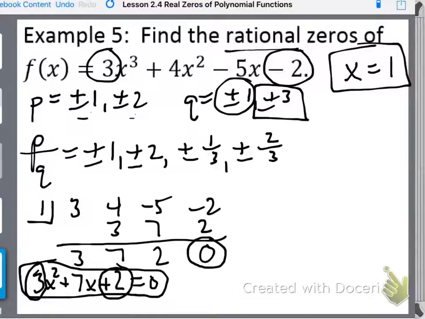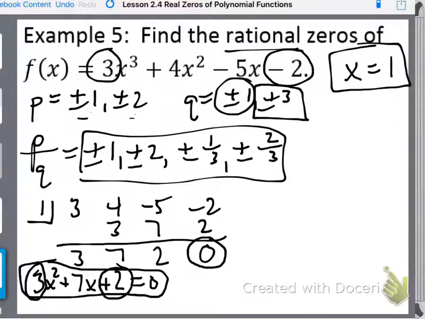But again, it says rational zeros, so maybe we should just use the P over Q. Let's just use P over Q. If it was just finding the zeros and there was no restriction on it, then you could use factoring and quadratic formula. I apologize. But since they want the rational zeros, we should stick with these numbers.